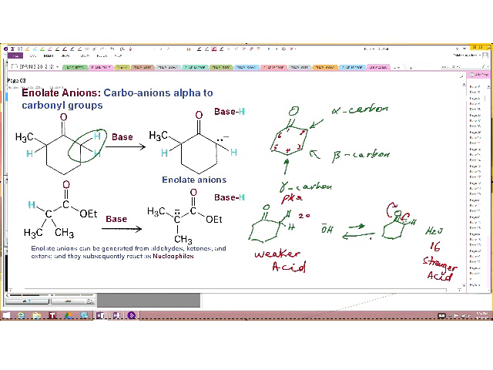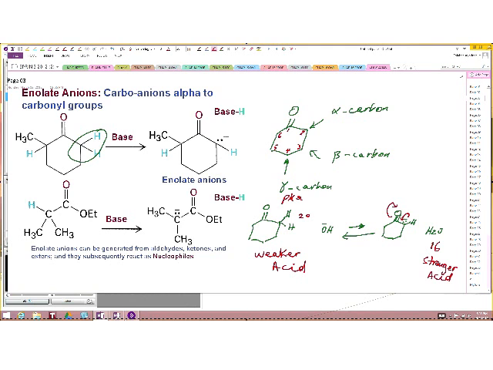You can see the arrow that I've drawn here. In other words, the direction of the equilibrium of this reaction is towards the formation of the cyclohexanol. And that is because we are going from this strong acid here, which is water, to a weaker acid.